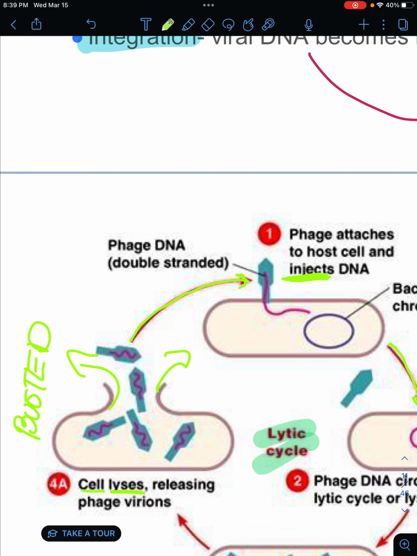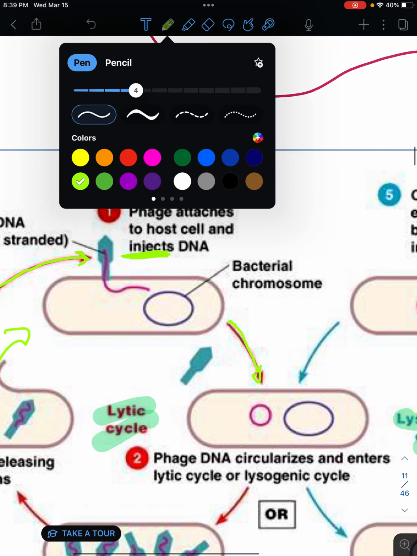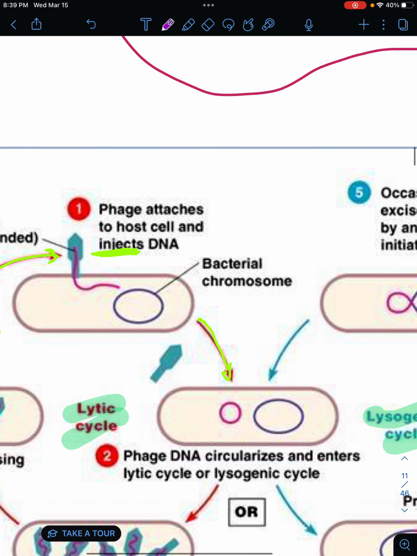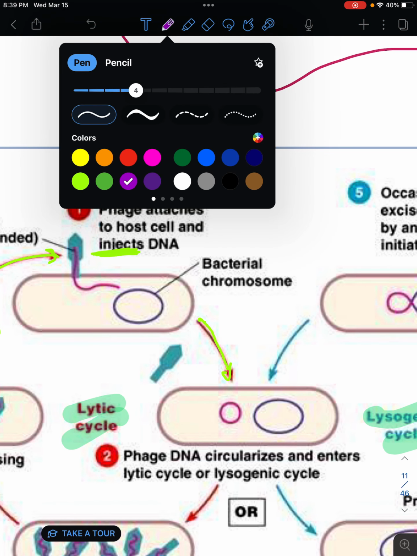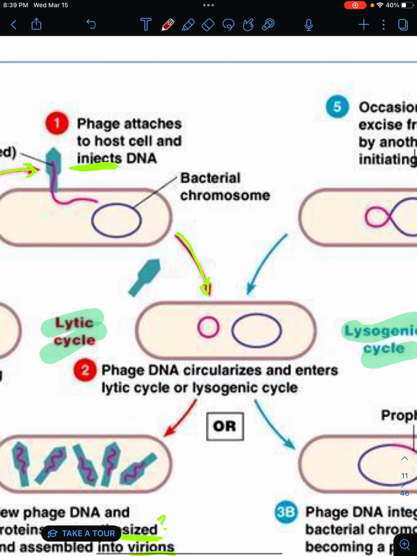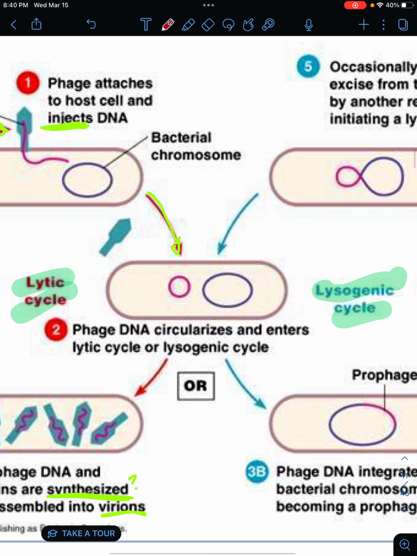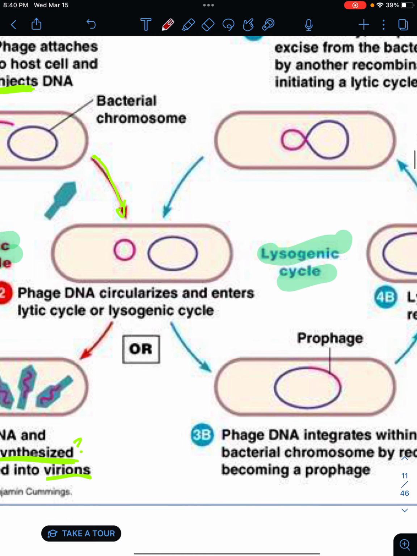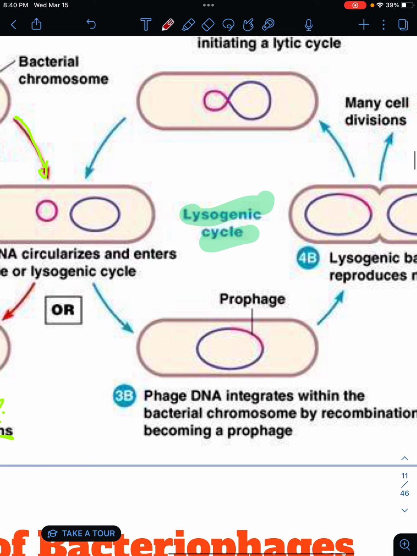Okay, so we're going to keep going. So it injects into another cell. There's too many colors on this thing. I can't pick, maybe red. It injects the DNA into the bacterial cell. There's 2 different DNAs here, and then we're going to go with the blue, the lysogenic cycle.